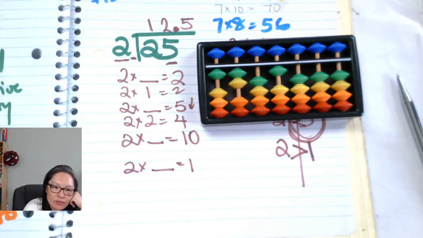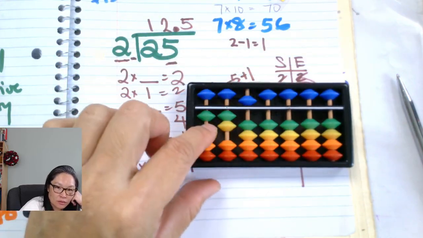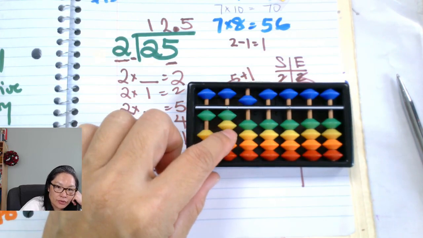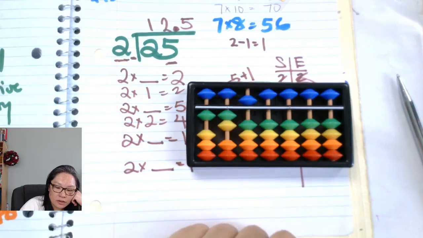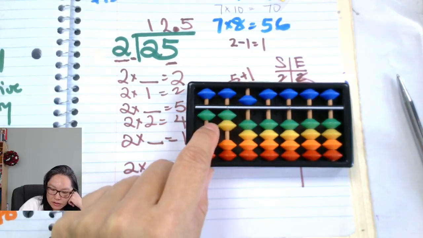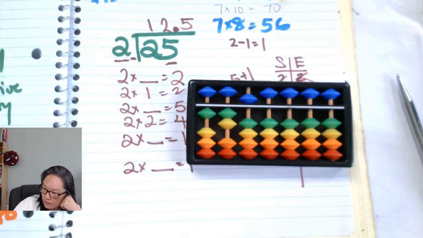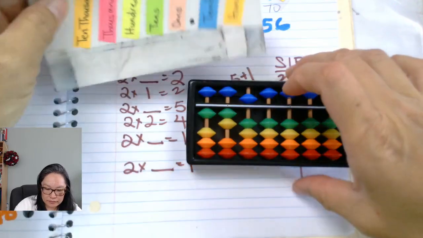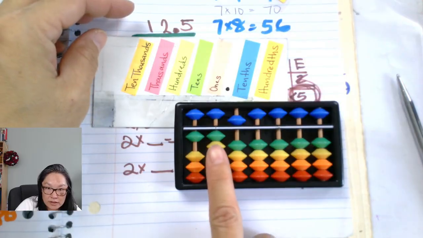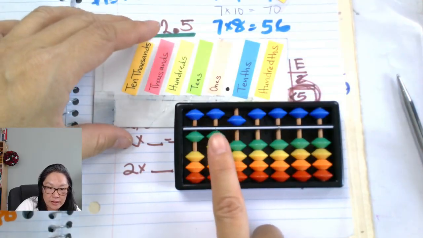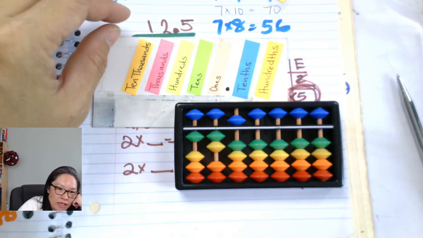How does the abacus represent the answer? 12.5. Tens, ones, decimal, 5. Ones, tens, right? Every column is a place value.